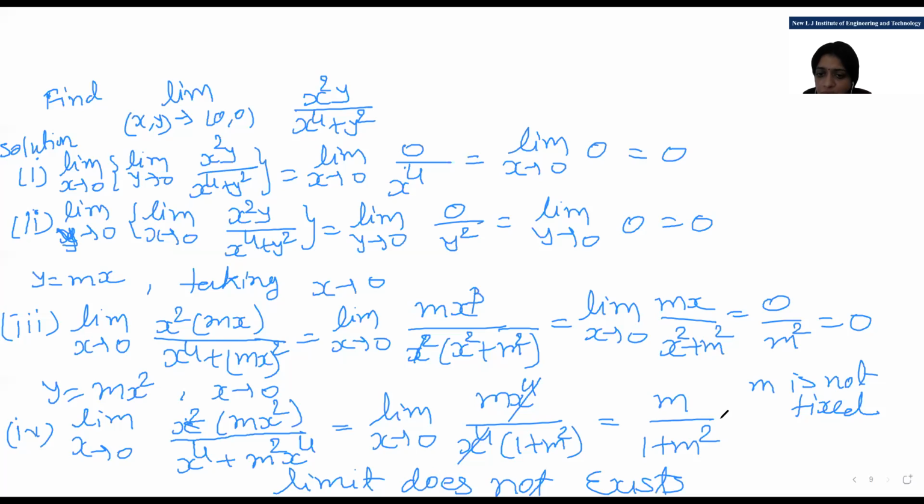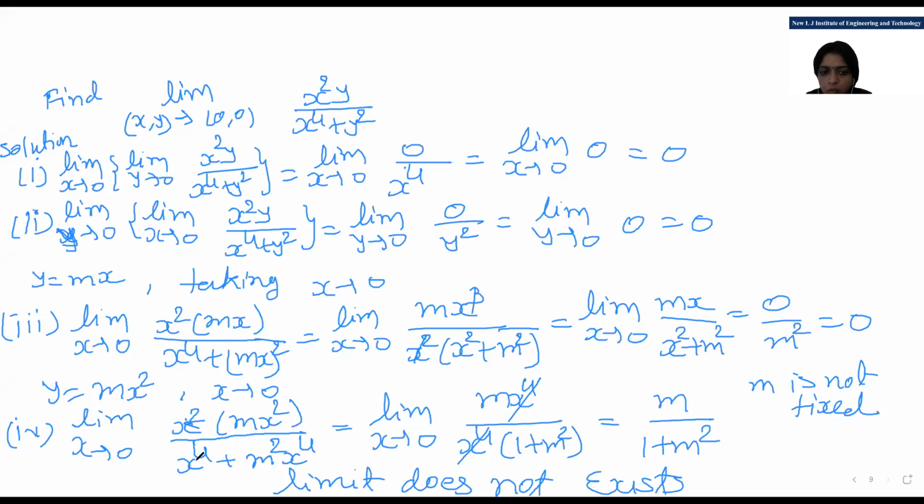Now, what if we get the zero answer here? Listen carefully. If we get 0 here, then both the powers are same and all the values are also same. It means limit exists. Then no need to check another path.